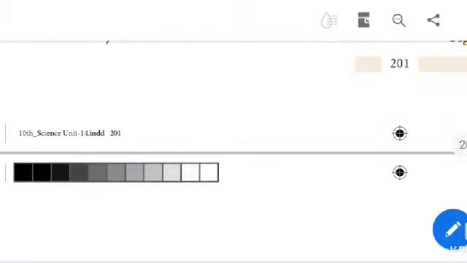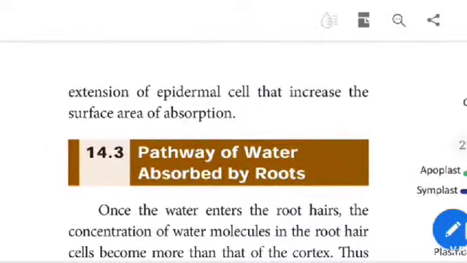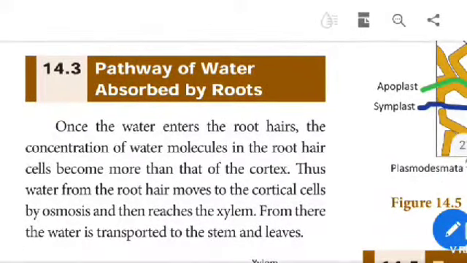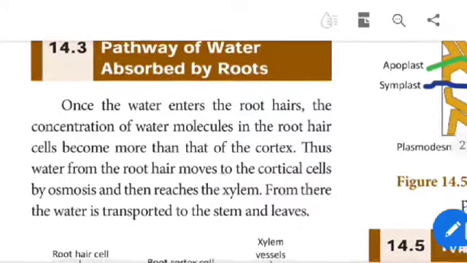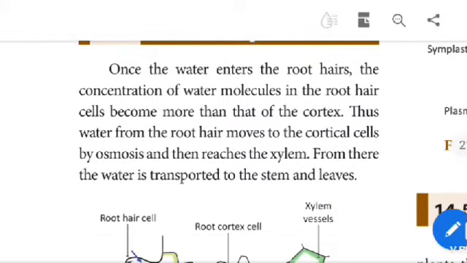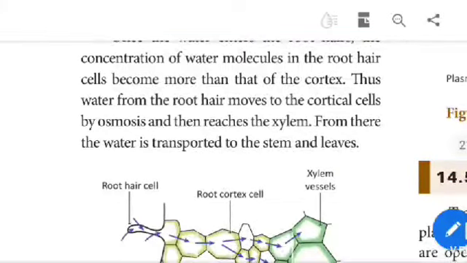Pathway of water absorbed by roots. Once the water enters the root hairs, the concentration of water molecules in the root hair cell becomes more than that of the cortex. Thus, water from the root hair moves to the cortical cell by osmosis and then reaches the xylem.